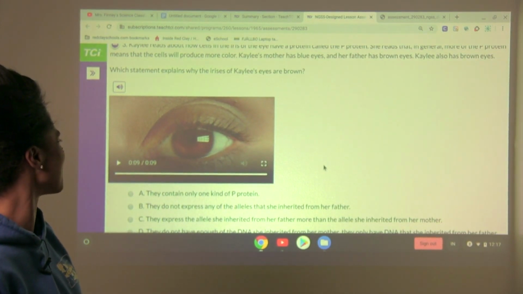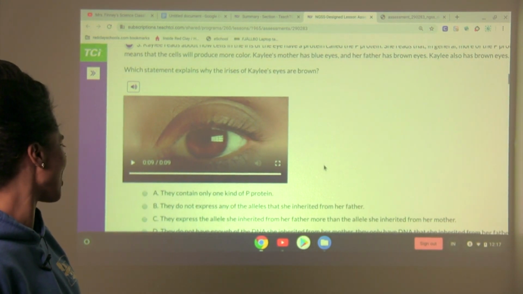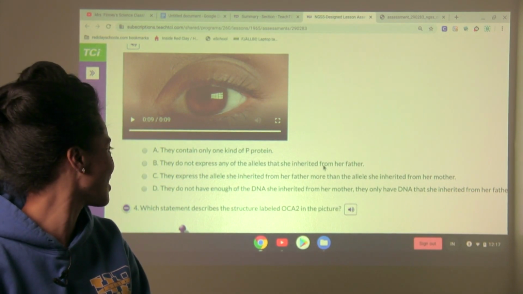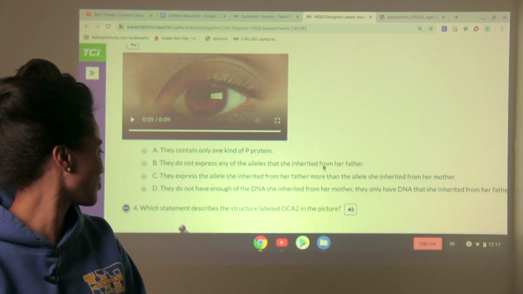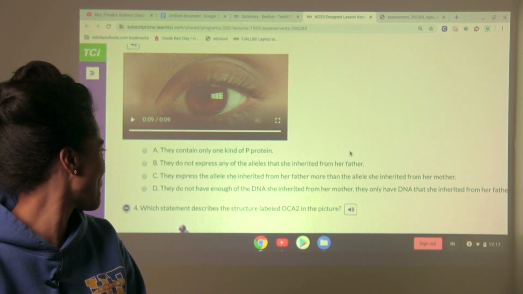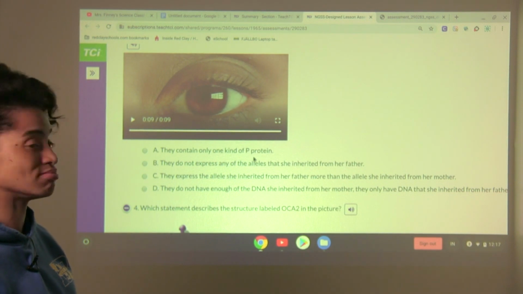Which statement explains why the irises of Kaylee's eyes are brown? A, they contain only one kind of P protein.